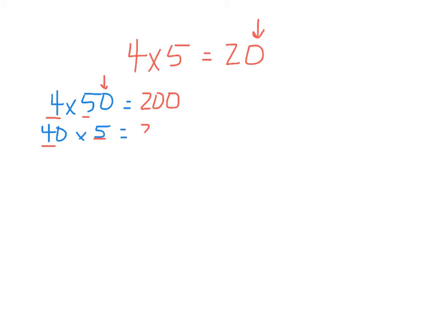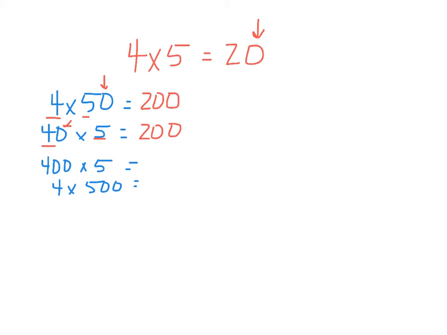Same with 40 times 5. 4 times 5 is 20, but it's 10 times bigger because it's not 4 times 5, it's 40 times 5, so I need to put on another 0 there. I could solve, just like last time, I could do 400 times 5, or I could do 4 times 500.